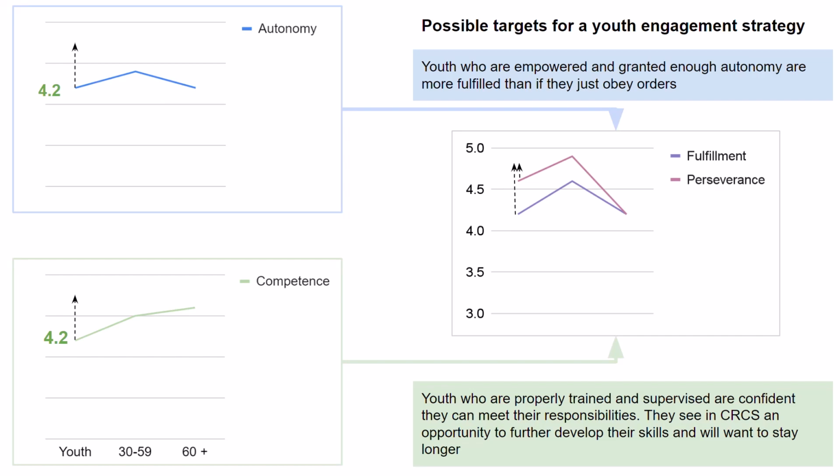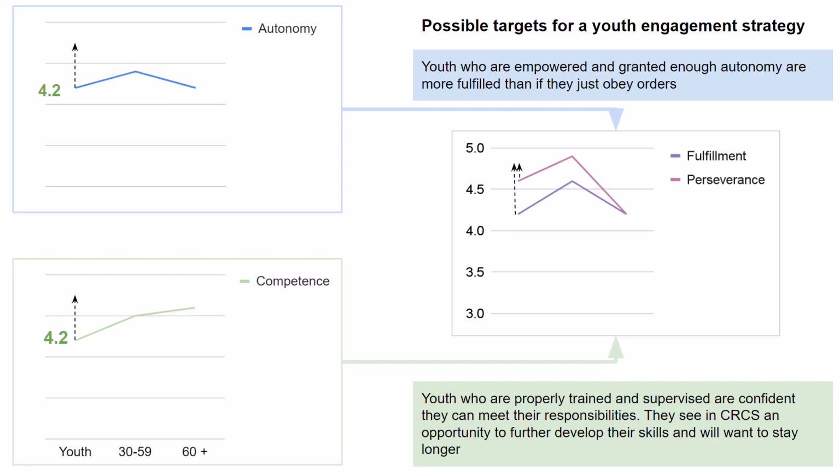In the same way, if they are properly trained and supervised, they get constructive feedback, they can meet their responsibilities and therefore feel more competent. So here we have the elements of a youth engagement strategy that's based on Moti results.